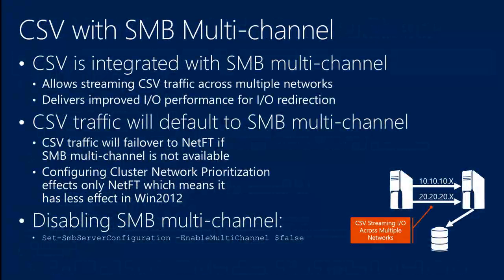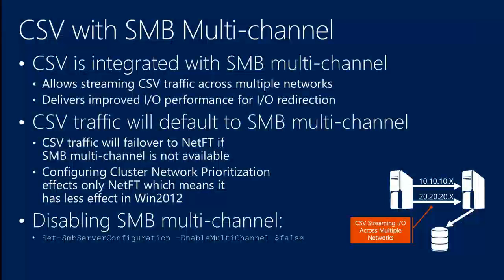Now, if you don't like this logic, you can disable it. At the bottom I have the command line: set SMB multi-channel enabled to false. If you disable SMB multi-channel, then CSV traffic will fall back to NetFT, and when it falls back to NetFT, it starts using the cluster metric values.